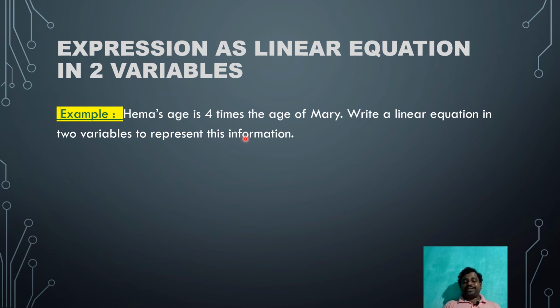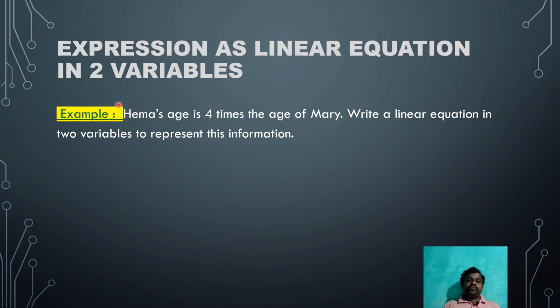Dear students, first of all, we understand the question. If we understand the question very well, we get the answer easily. Otherwise, we can't write the answer. Hama's age is 4 times the age of Mary.